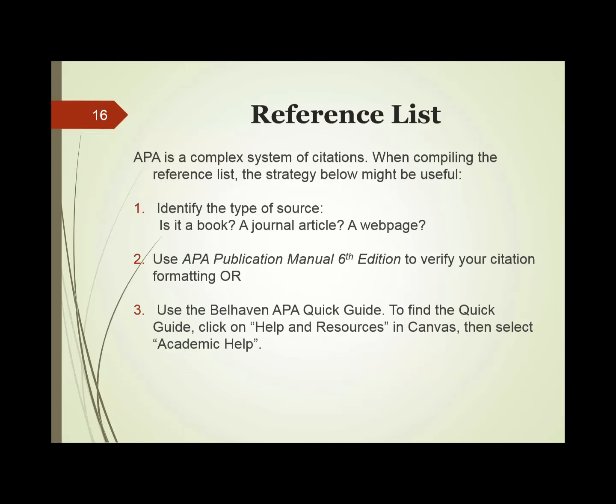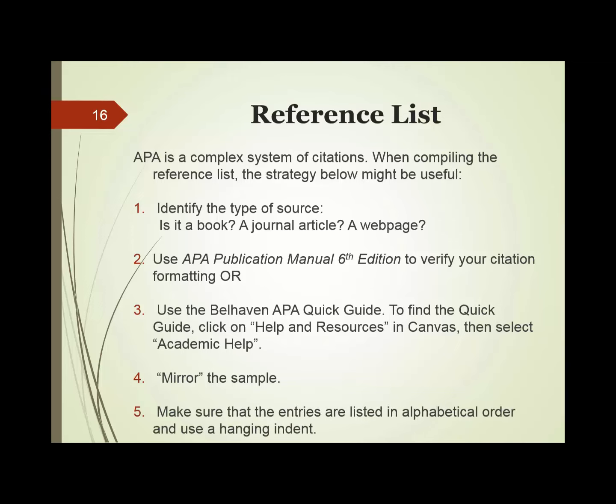To find the quick guide, click on Help and Resources in Canvas and then select Academic Help. Find something that matches. Find a book that matches your book. Find a journal article that matches your article. Find a web page. Find an example and then mirror it. Where they have a comma, you put a comma. Where they have a period, you have a period. It needs to be exact. Make sure that your entries are listed in alphabetical order and make sure you use a hanging indent.